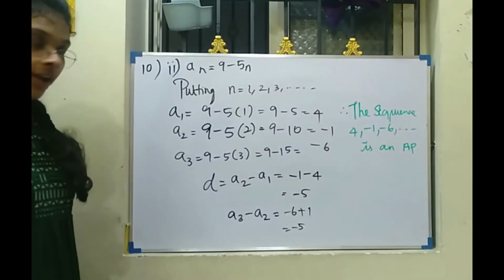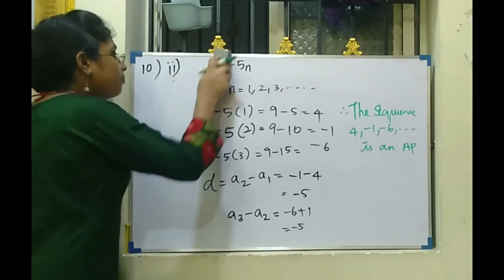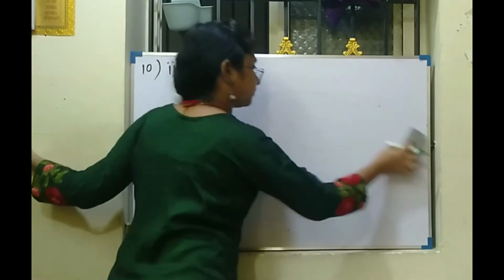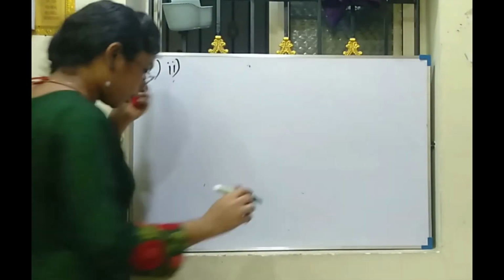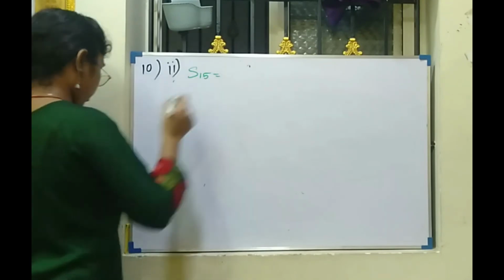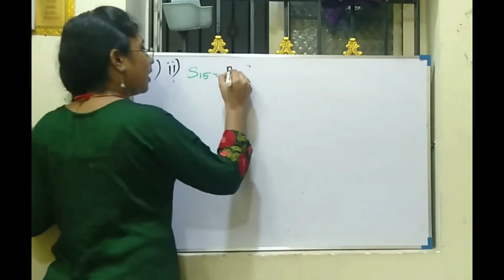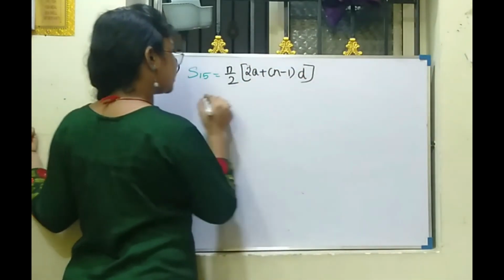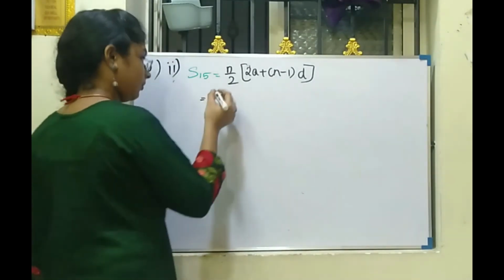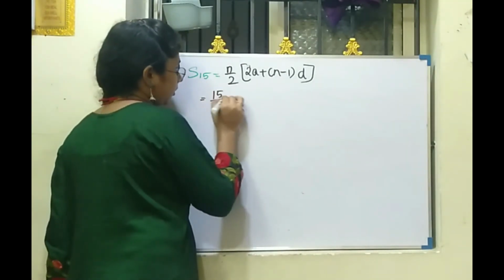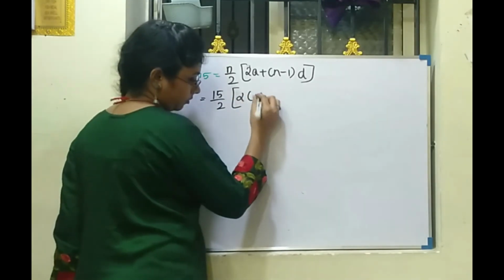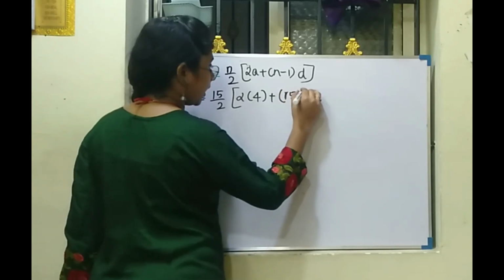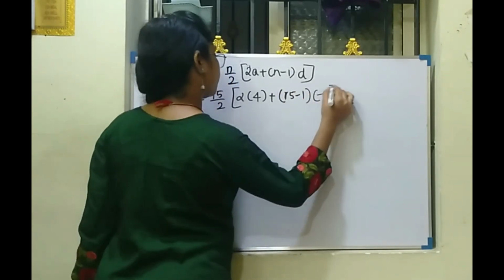Okay. Now we have to find the sum of first 15 terms of this particular sequence. S15. What is the formula for Sn? n by 2 into 2a plus n minus 1 into d, right? So now our a is 4 plus 15 minus 1 into our d is minus 5.